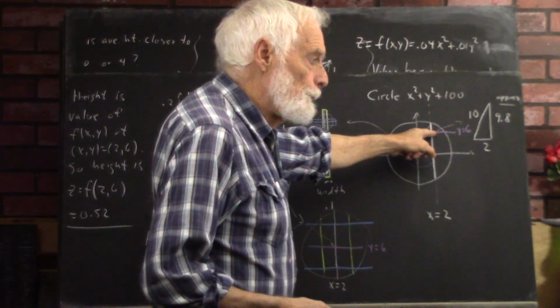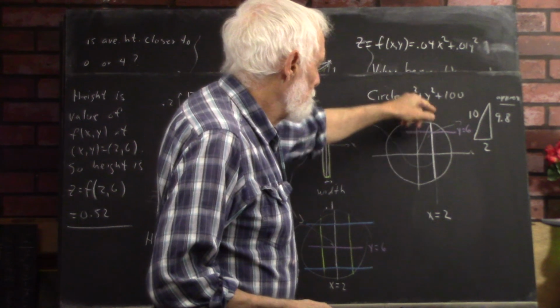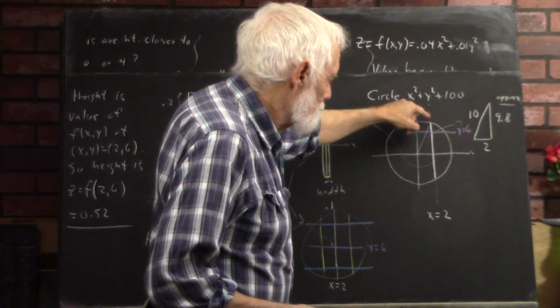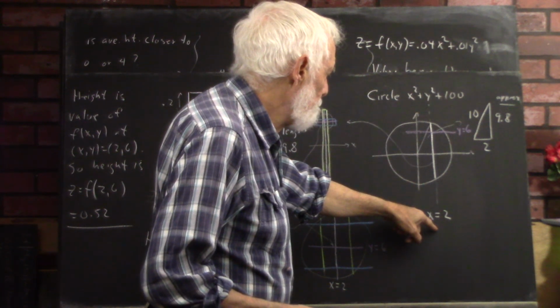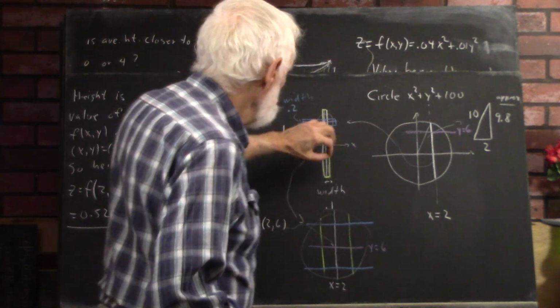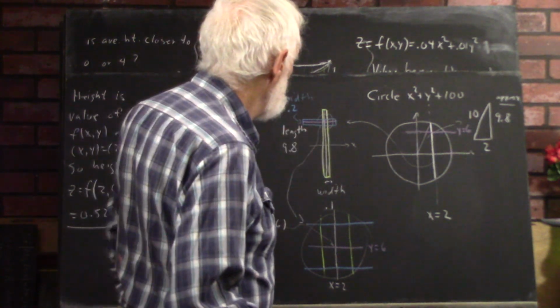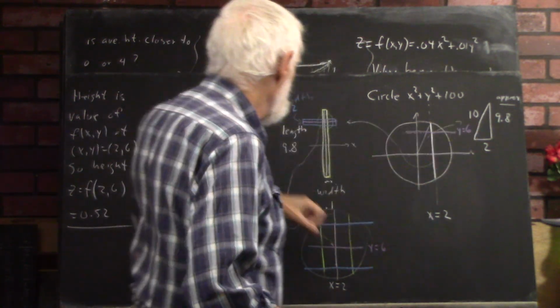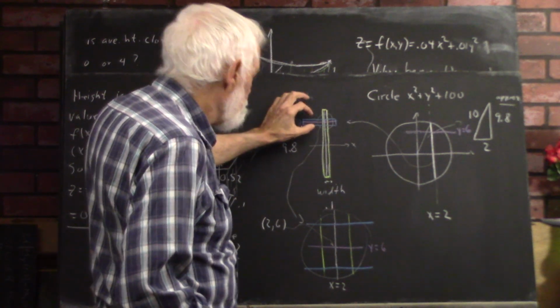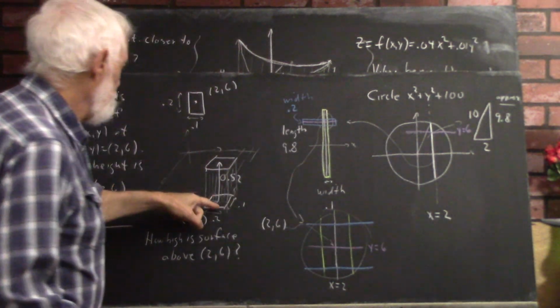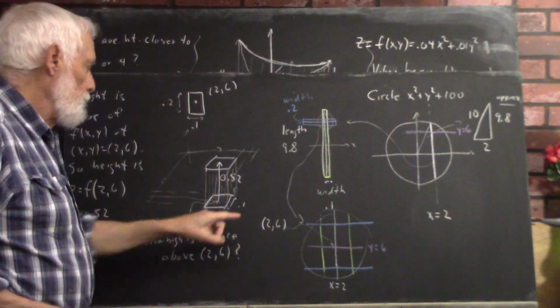We've taken this point, we've taken this segment of the x equals 2 line, we've expanded it to a little bit of width, we've taken the y equals 6 line, and we've expanded it to a little bit of width to describe this rectangle that we now see in the plane, and we know now what its dimensions are.